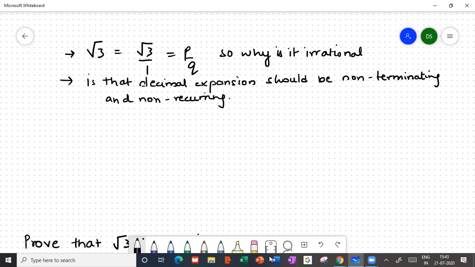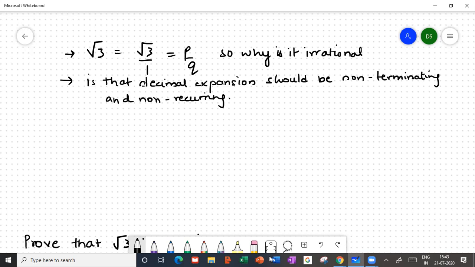Moreover, ma'am, p and q should be integers. Yes, correct. p and q should also be integers. That is another important criterion, isn't it?